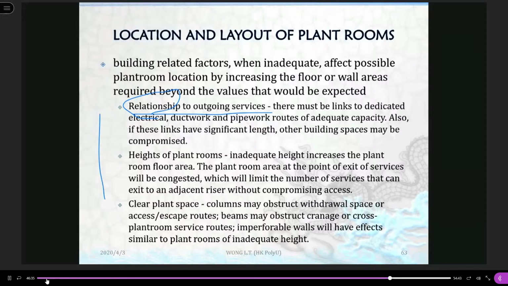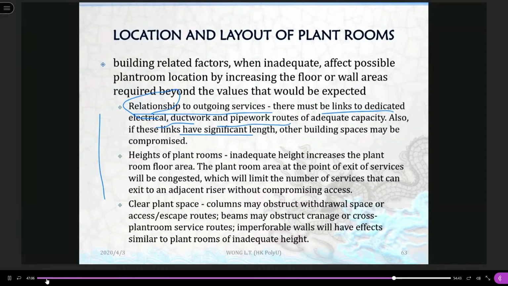So I listed here that there must be dedicated electrical ductwork and pipework of adequate capacity. Also, the links have significant length other than building space and may be compromised because of the major routes. Another thing to consider is the height of the plant room. Inadequate height will increase the plant room area because the equipment has to be put upside down, something like that.